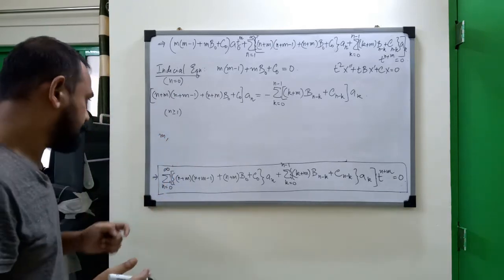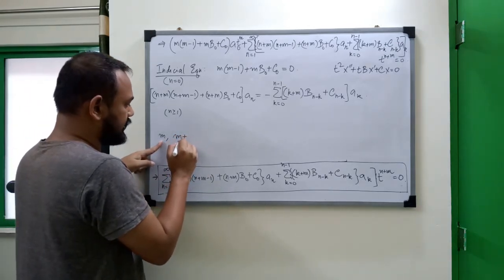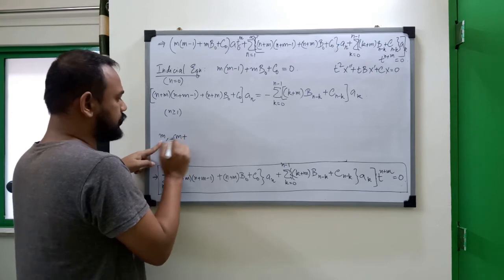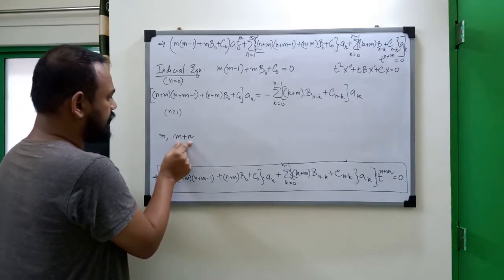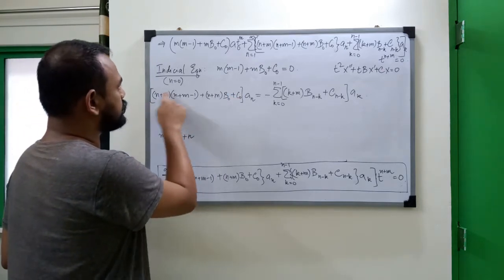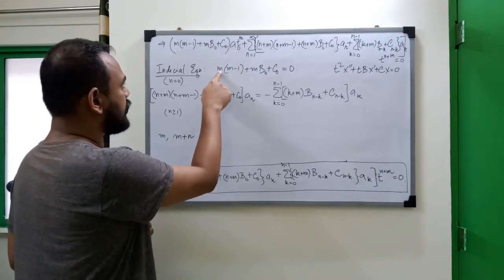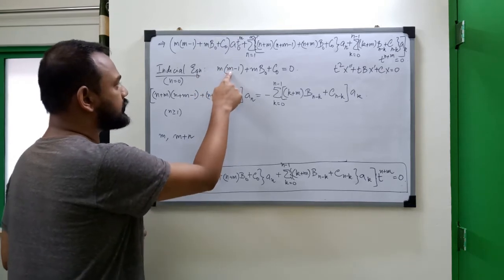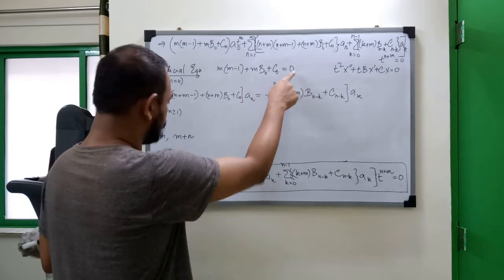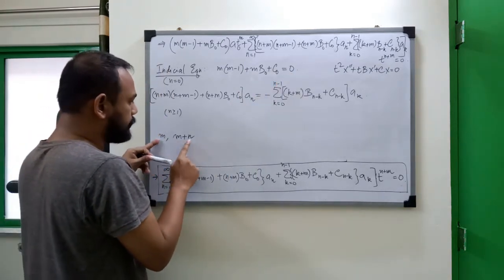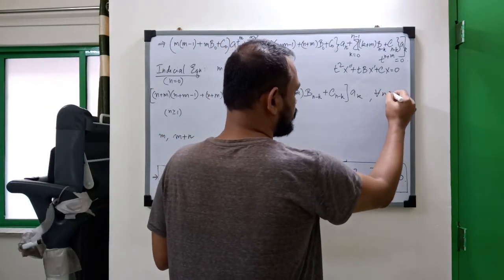If it so happens that the second root is the first root plus some integer n, then this will become 0. Because if this is also a root, and you put m plus n instead of m, you would have m plus n minus 1, which is this quantity, plus (m plus n) b_0 plus c_0 equals 0. If the two roots are separated by some integer n, this happens for all integers n greater than or equal to 1.